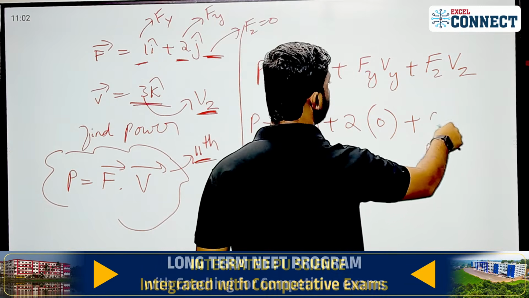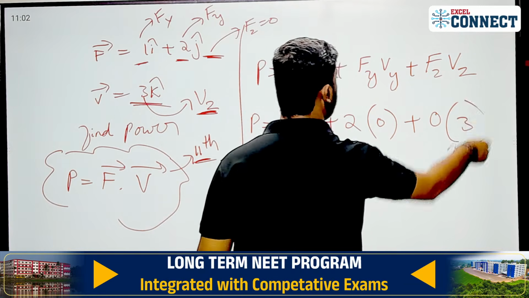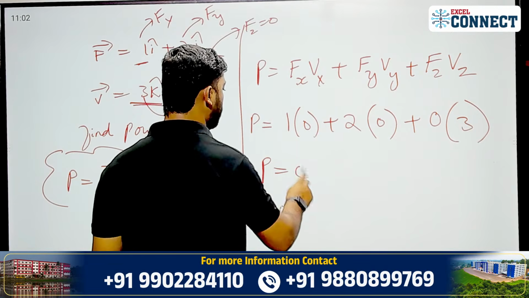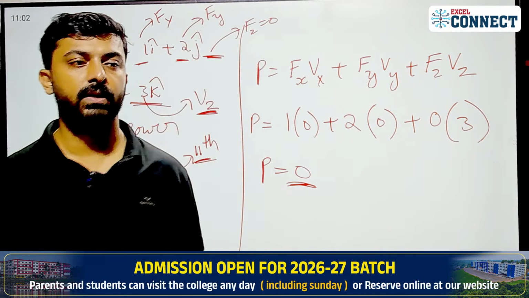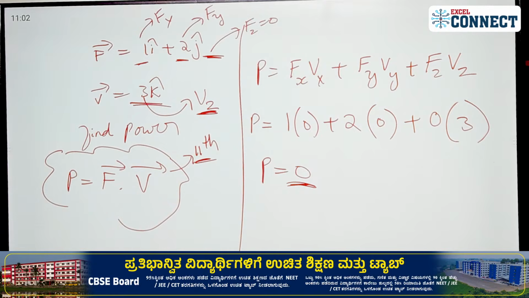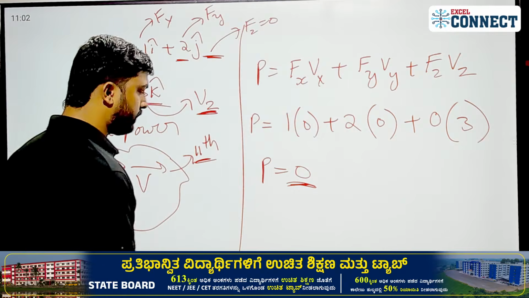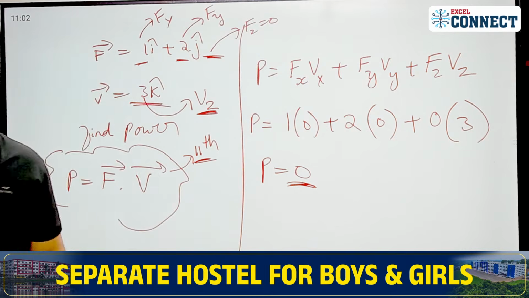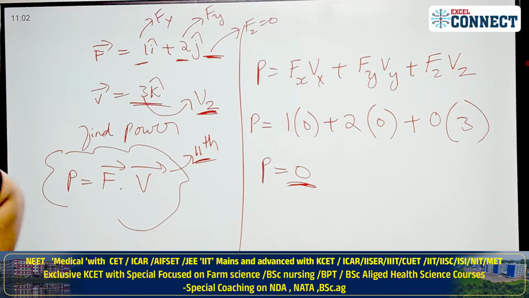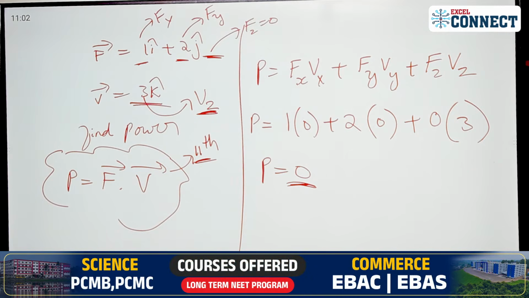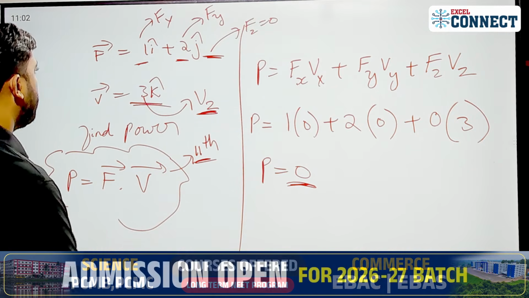Fz is 0 and Vz is 3. So what is the power? Power is 0. So finding dot product is important here.